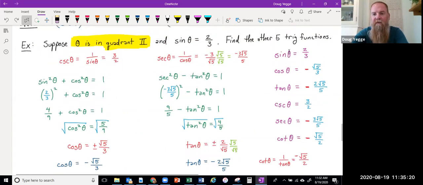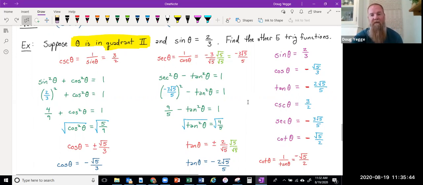Since I already knew sine and cosine, I could have simply taken the quotient of those two. And notice the 3's would have canceled, giving me -2 over root 5, which automatically is -2 root 5 over 5. It's our job to just use whatever identities are allowed, but also whatever identities we feel are going to be easiest for that particular problem.